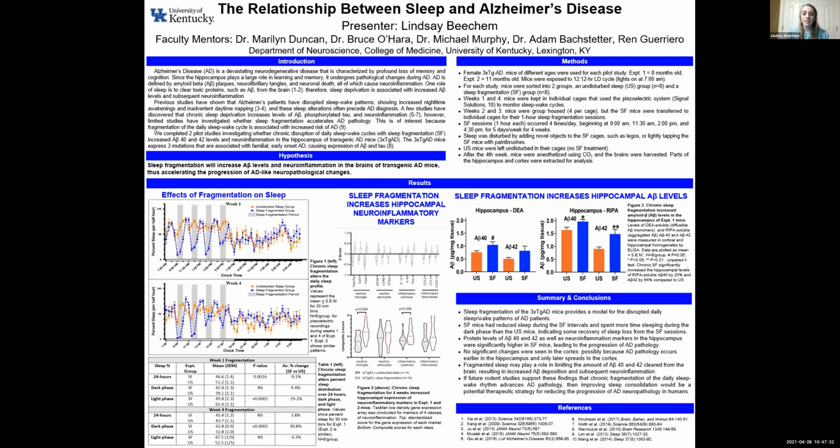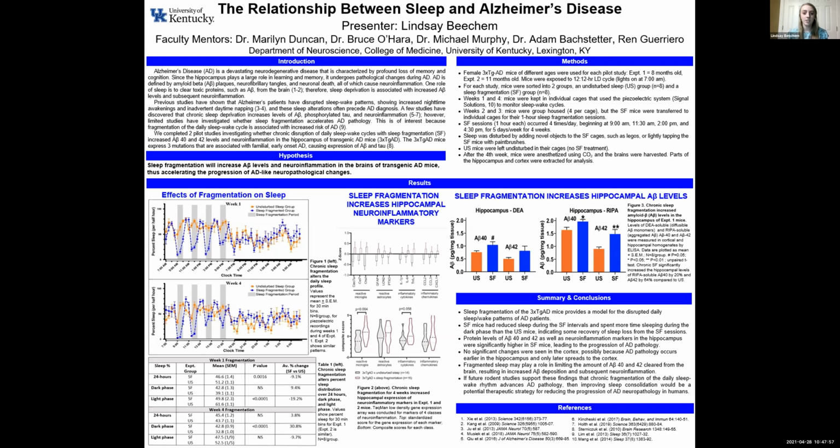The way we went about doing this is for each of our pilot studies, we used mice of slightly different ages, but in each study we had 2 groups. One was a sleep fragmented group, or SF group, and one was an undisturbed sleep group, or US group. We had sleep fragmentation sessions that lasted 1 hour each, and they occurred 4 times a day, 5 days a week for 4 weeks.